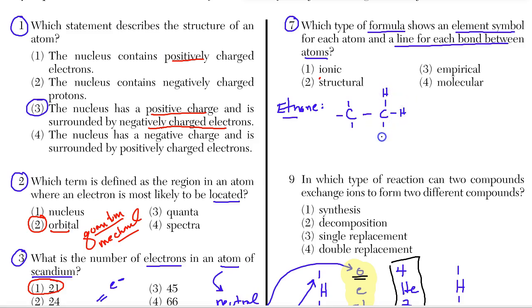And so this is a Lewis dot diagram. You could also consider it a Lewis dot diagram. Don't forget if you had lone pairs, you'd have to show that. But this is C2H6. And we would call a formula that shows this type of arrangement a structural formula.